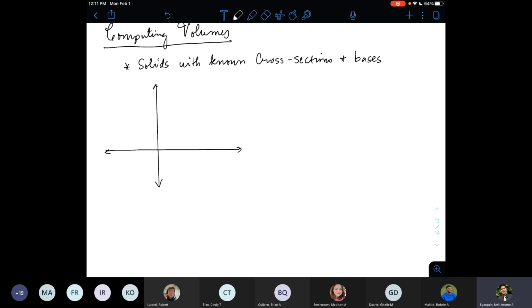So perhaps say you might be told that, okay, this would be the base of my solid, right? So let's highlight this. This is the base, the region R. Of course, this will be given by some function y equals f of x. Usually you have the x-axis, or sometimes you have, say, y equals g of x over there, okay?